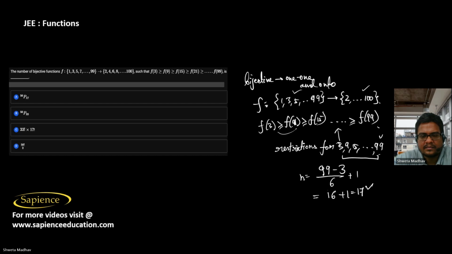So here we have got 50 numbers, 50 terms matching with 50 numbers here. So for these 17 elements, there are some restrictions.